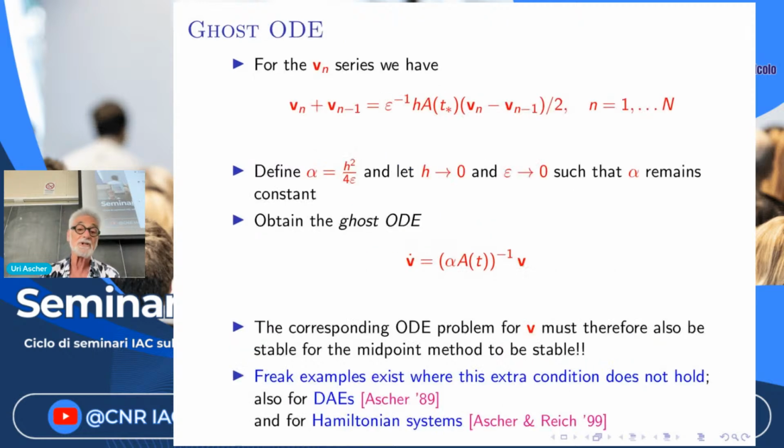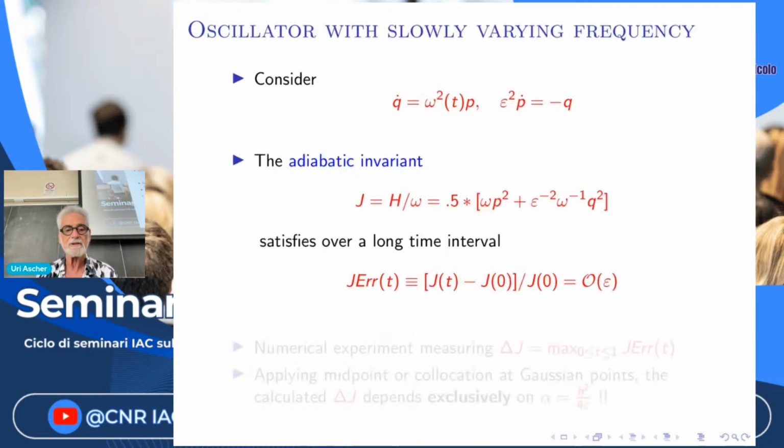I actually showed that with DAEs, differential equations with algebraic constraints, it can happen. And then with Sebastian Reich, we showed it again. I want to show you what we show there.